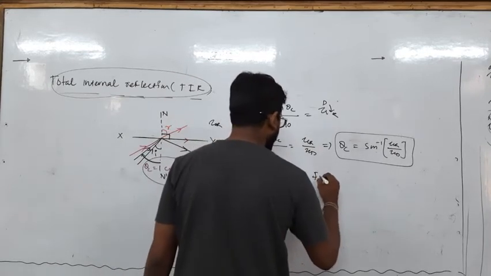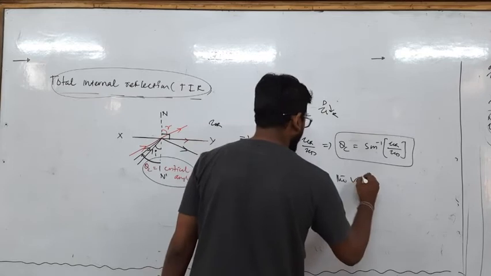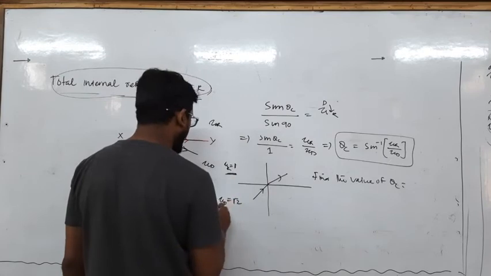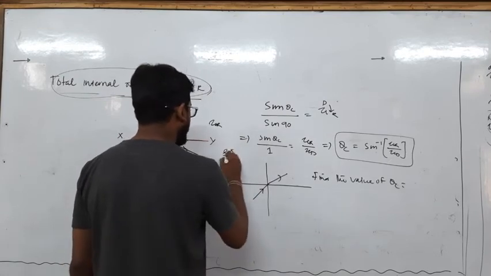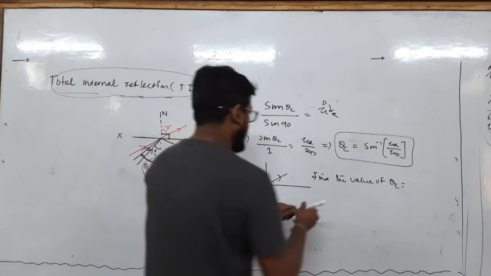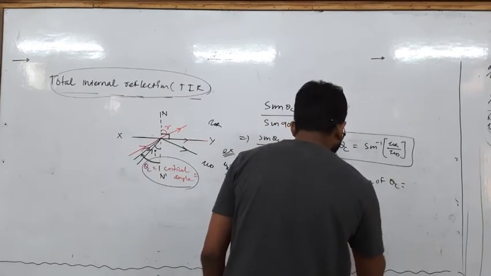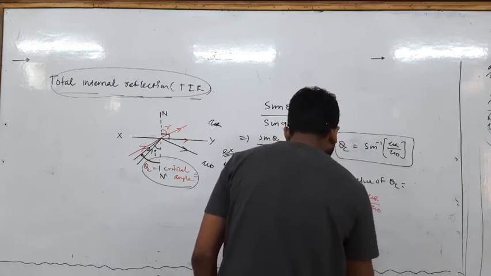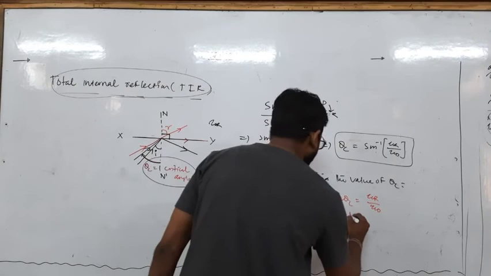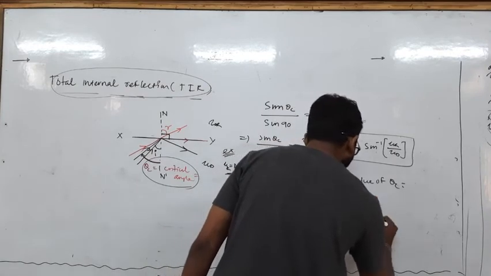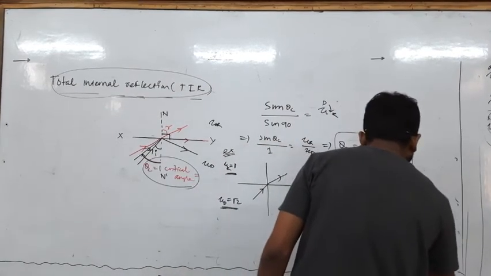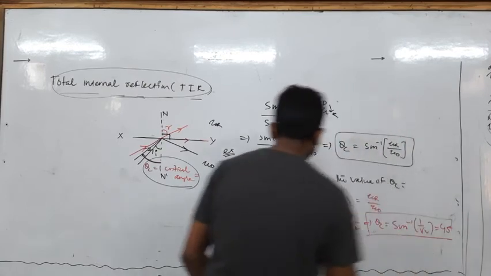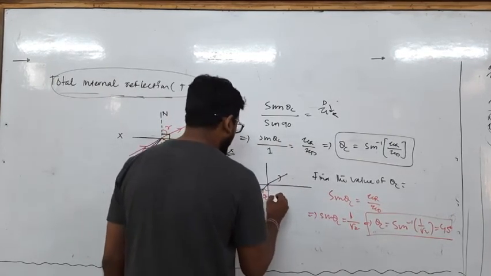Find the value of theta c for this interface. So sin theta c equals mu r by mu d, which is 1 divided by √2. So theta c equals sin inverse of 1 by √2, which is equal to 45 degrees. So for this particular case, the theta c value will be 45.